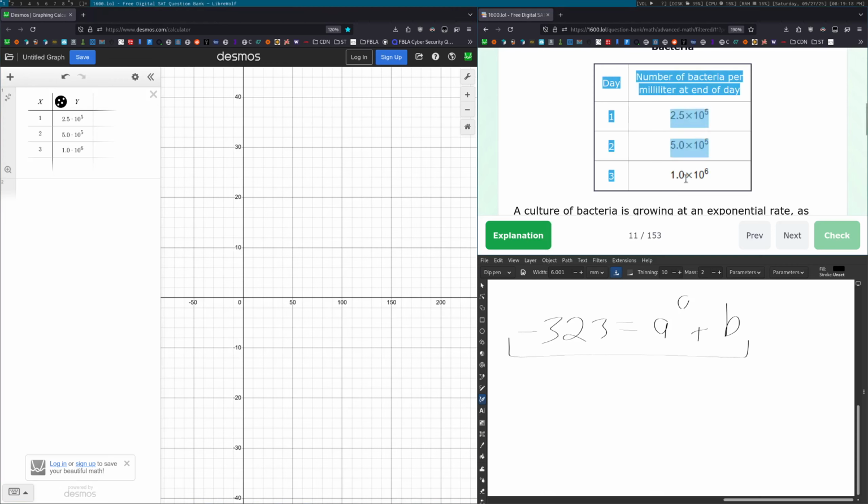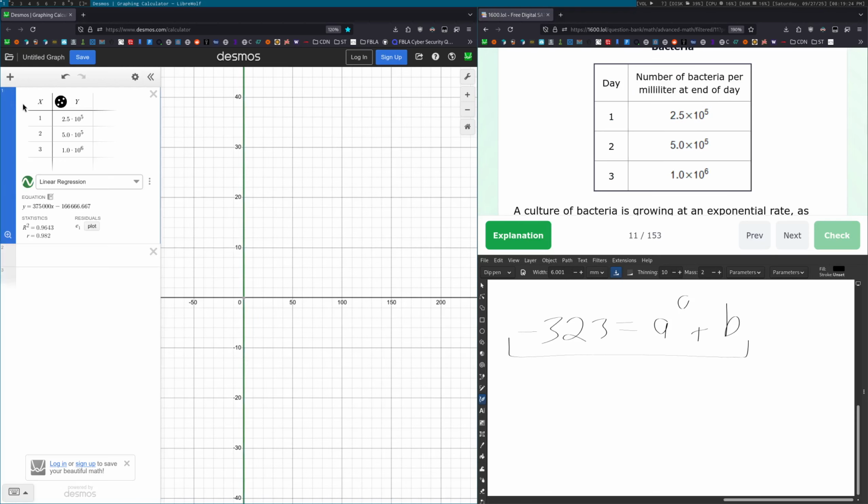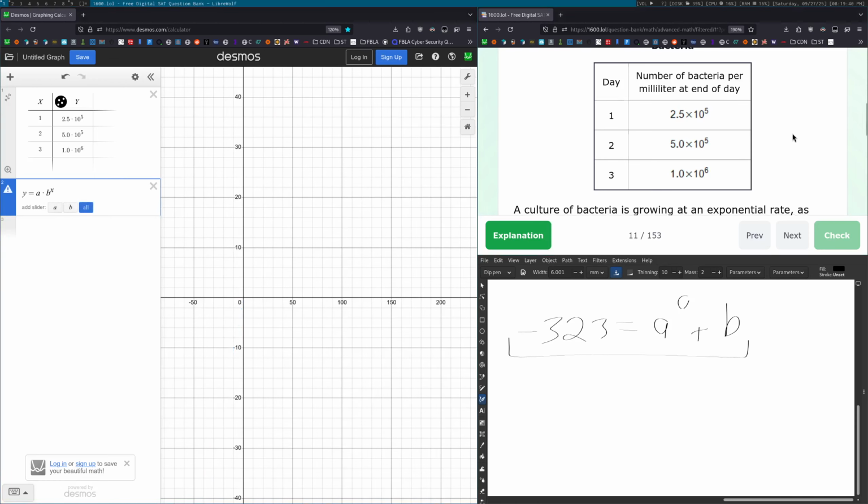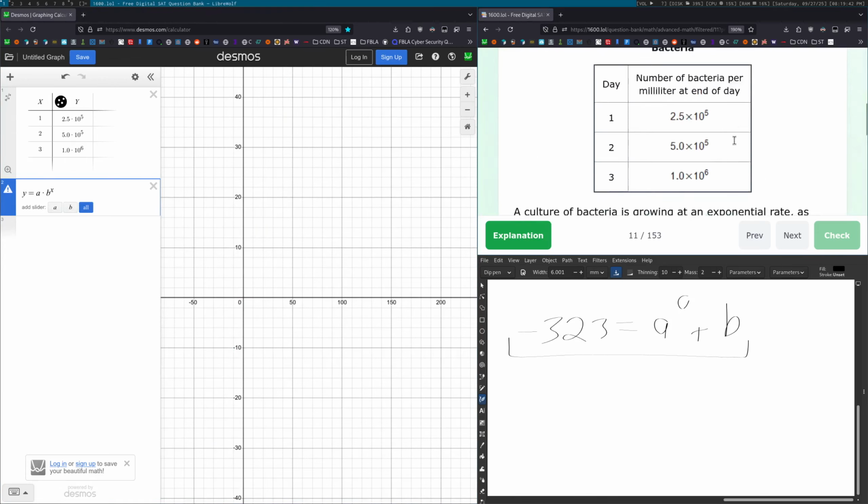Yeah, Yannick is totally right. They're often going to give you these tables and ask you to find a pattern or a number in between these. Okay. And I'm going to assume it doesn't do it for us here on the PSAT. So I'm going to show you how to do it the normal way. So we have y is equal to a times b to the x, or an exponential pattern, right?